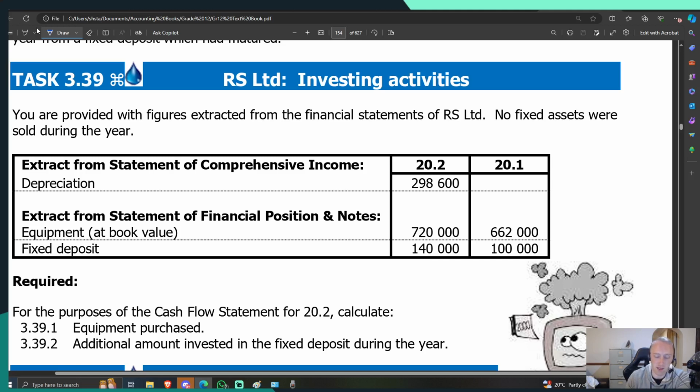That is money that we invest into things like new equipment, new vehicles, fixed deposits. And that's not just increases in fixed deposits and vehicles and land and buildings. It's also decreases if we sell it, or if a fixed deposit matures. It says here that no fixed assets were sold during the year, so that's nice.